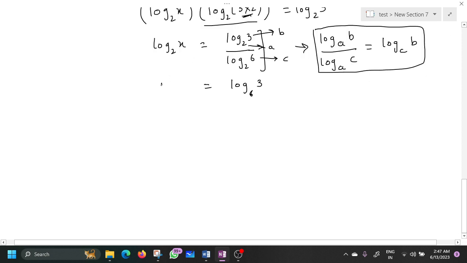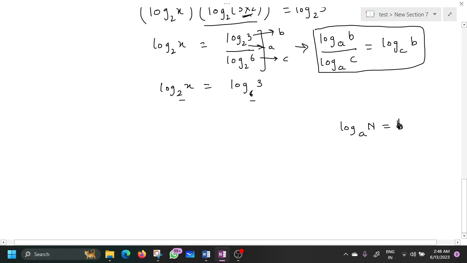So now you get log base 2 of x is equal to log base 6 of 3. Again you have some problem because here the base is 2 and here the base is 3, so you cannot remove the log. What you can do is, you know that log base a of n is equal to, suppose, b.